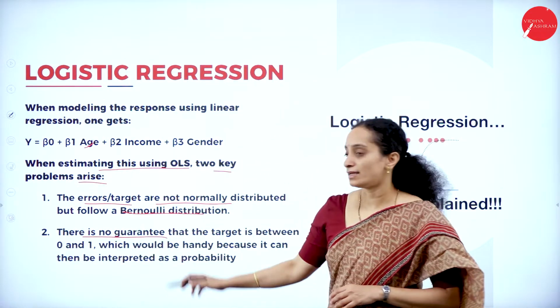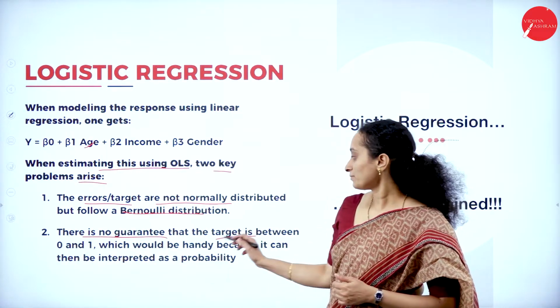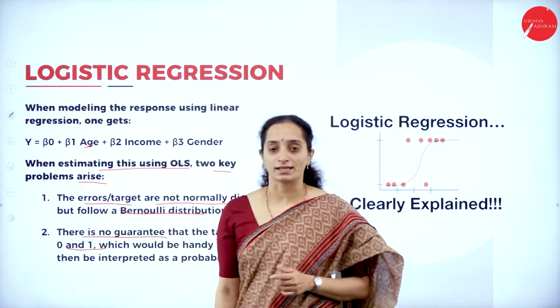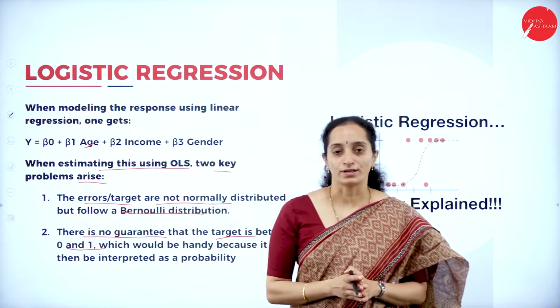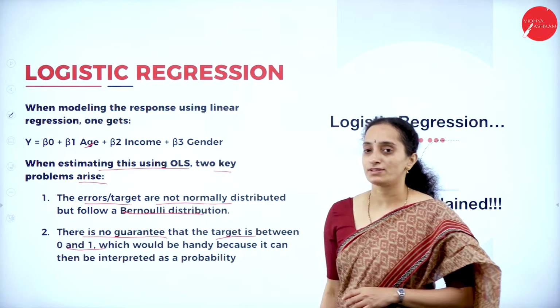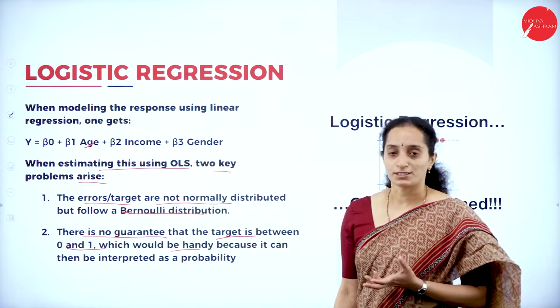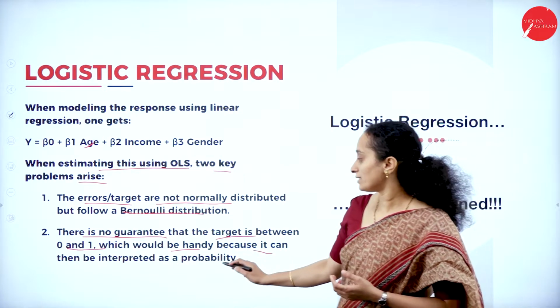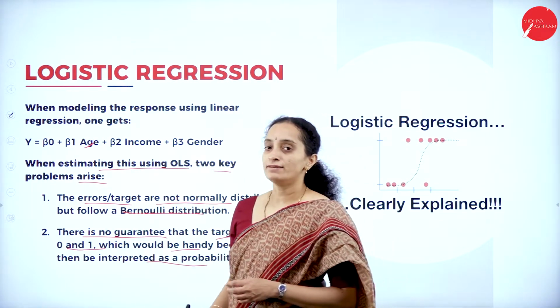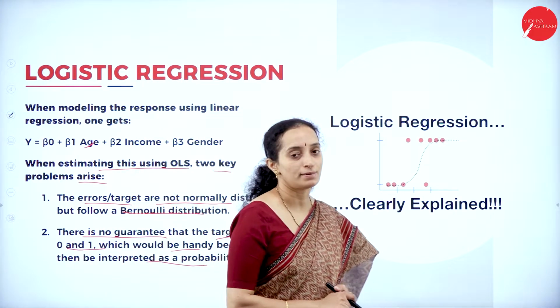So that is one of the problems. Another is that there is no guarantee that the target is between 0 and 1. When the target value is binary, you can't ensure that it is between 0 and 1, which would be handy, because it could be interpreted with a convenient probability algorithm.